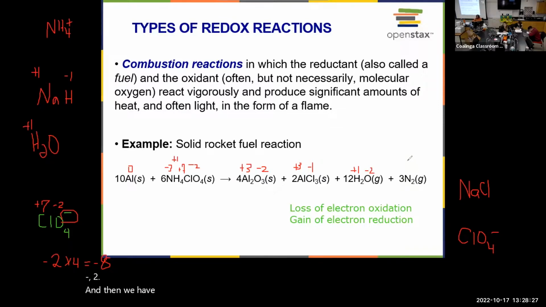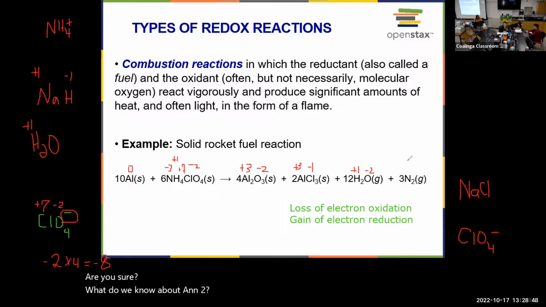So what would that be? What do we know about N2?